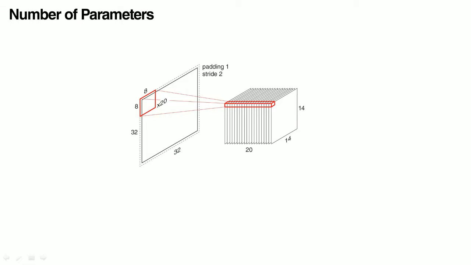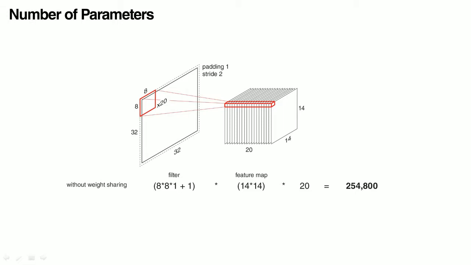Now, let's assume, just for argument's sake, that this convolution is a fully connected convolution. So we do not have weight sharing. This means that each node in the convolutional filter will be connected to each node in the feature map. Now let's count the number of parameters, the weights and biases, and see what that gives us.